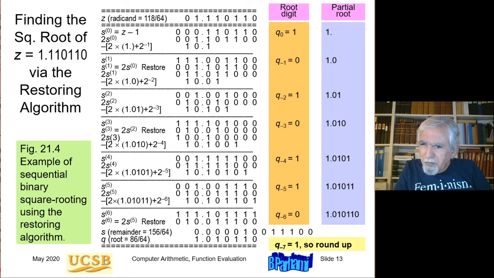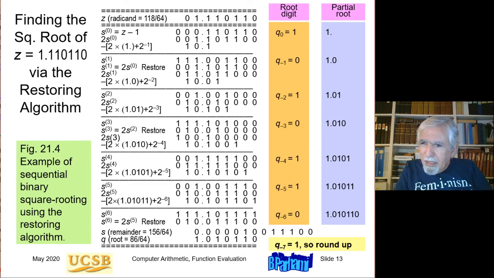Okay, I will let you examine the rest of the steps so that once you know what you're trying to do, it's pretty mechanical from this point on. So each time you left shift the partial remainder, subtract the value given by this formula, which is twice the partial root plus 2 to the minus j.